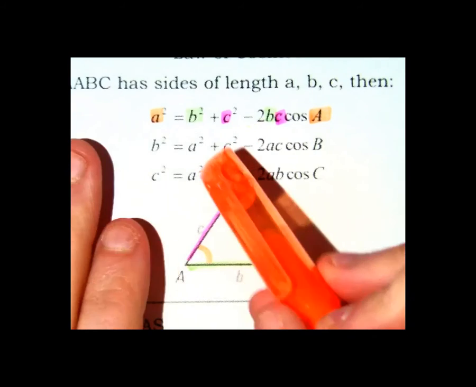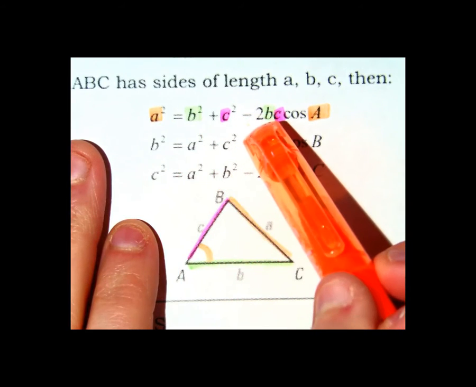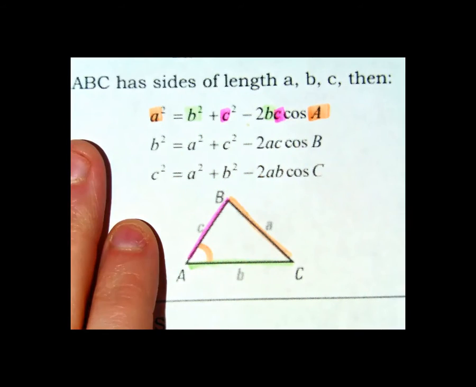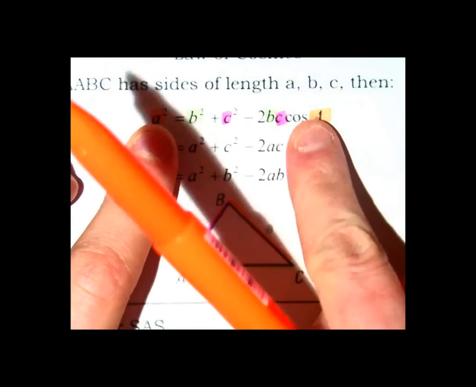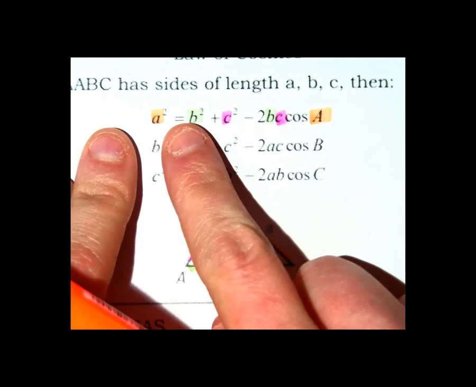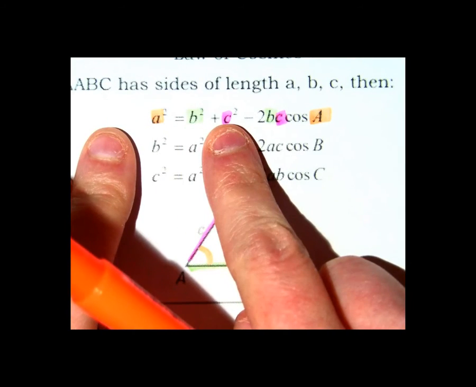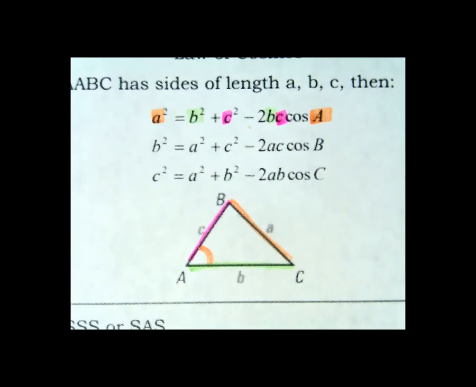So while memorizing A squared equals B squared plus C squared minus 2BC cosine of A, I like to think of it as a side length. You have the side length and the angle are always at the beginning and the end. Then you have the other 2 sides squared and summed, minus 2 times the same number all over again. You're going to see what I mean by that in a minute.